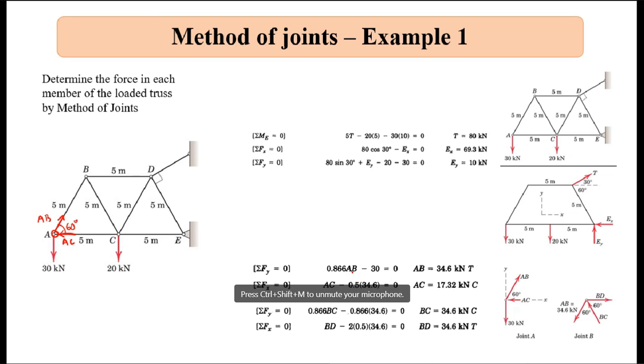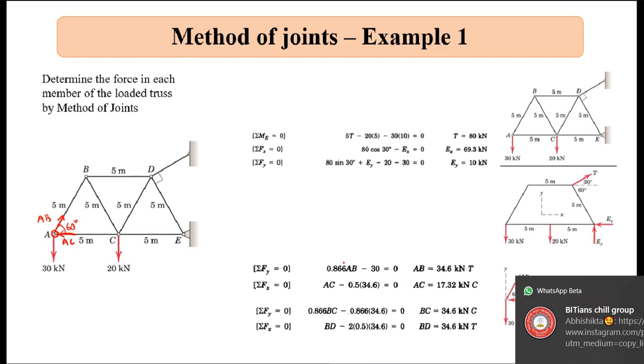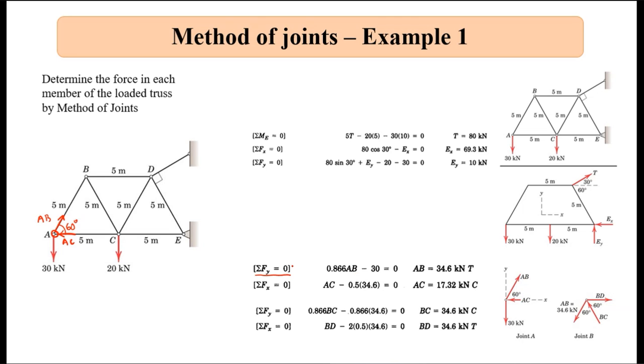Along this direction you have AB sine theta, so 0.866 AB minus 30. 30 is acting along this direction, so minus 30, that is equal to 0.